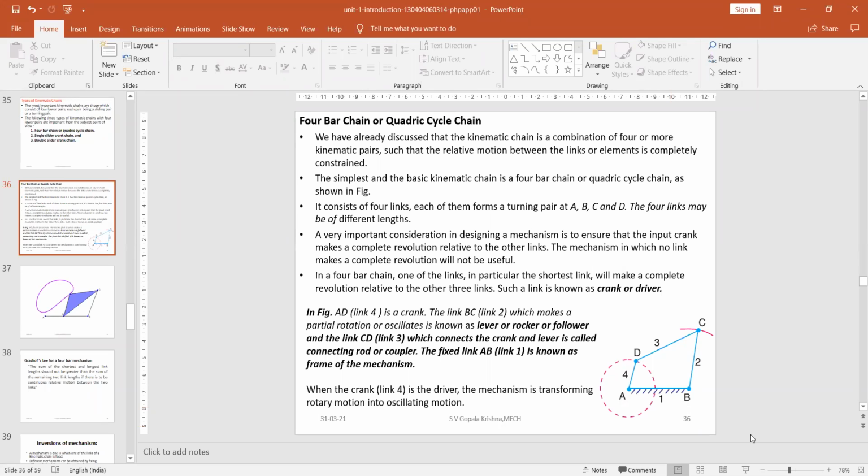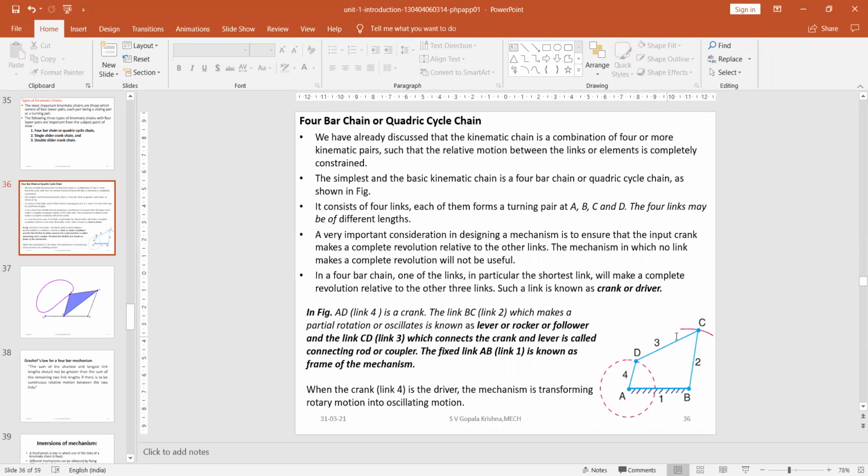Now I will tell you the mechanism. Nearly four links are there: AB, BC, CD and DA. Of these, AB is acting as the fixed link and AD is acting as the crank. DC is acting as the rocker or lever.